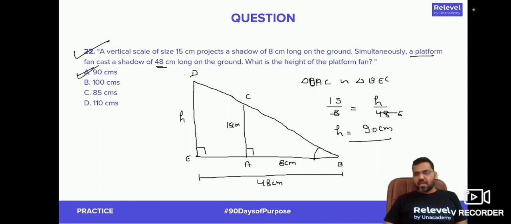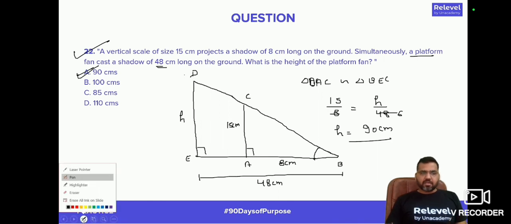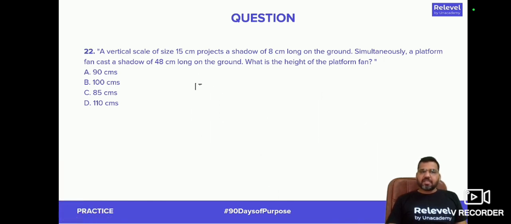Or you could have done it in a simple way also. You could have thought about it logically that a 15 centimeter scale is casting a shadow of 8 centimeter. A 1 centimeter scale will cast a shadow of, no, similarity has to be applied, right? You could have used a ratio here.